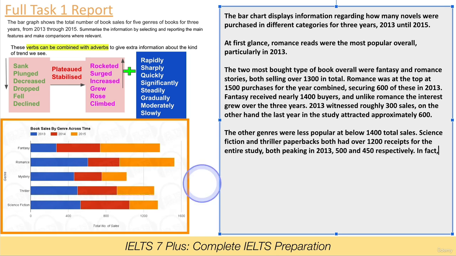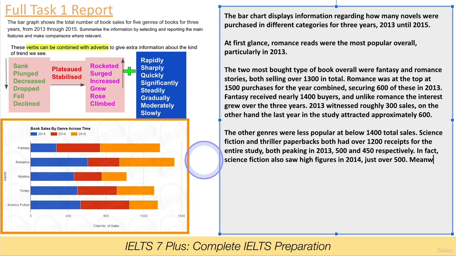In fact, science fiction also saw high figures in 2014, 300 and 200, just over 500, we could say. 500. Okay.